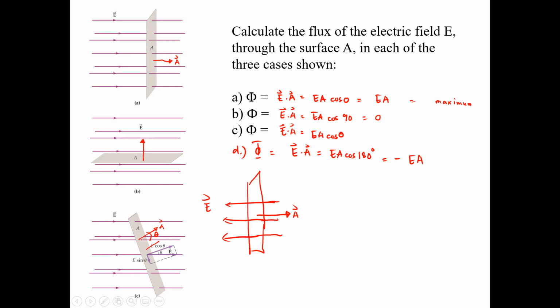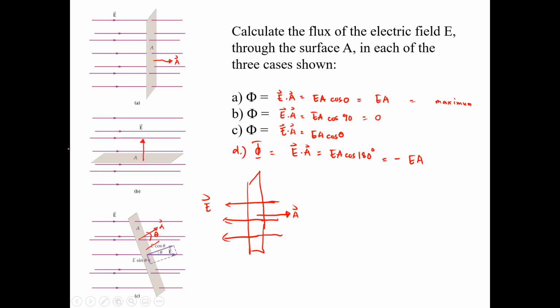So it has an X component and a Y component, but as mentioned, only the component that is parallel to the electric field vector is considered. So you have E A cosine theta. Since theta was not given, this will be our flux: phi is equal to E times A cosine theta.